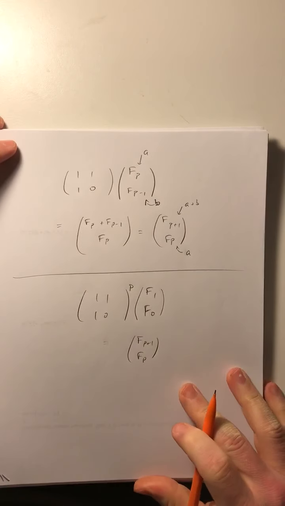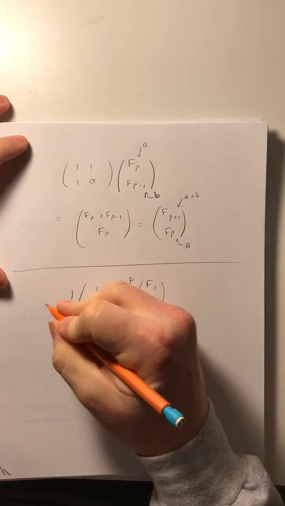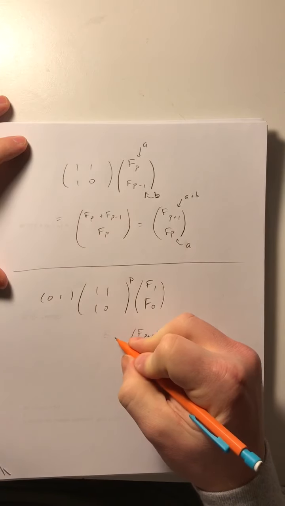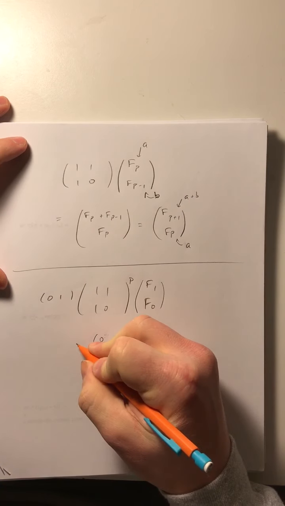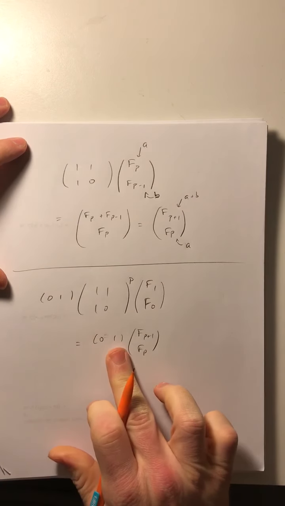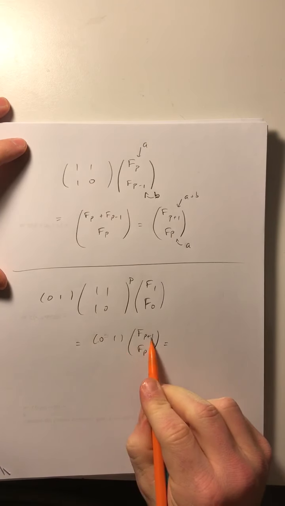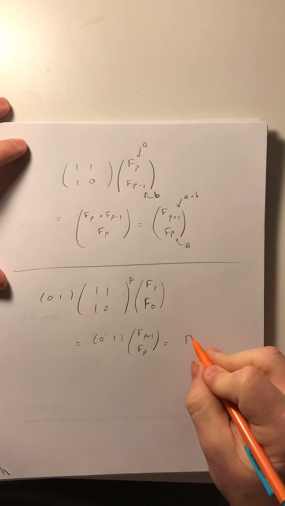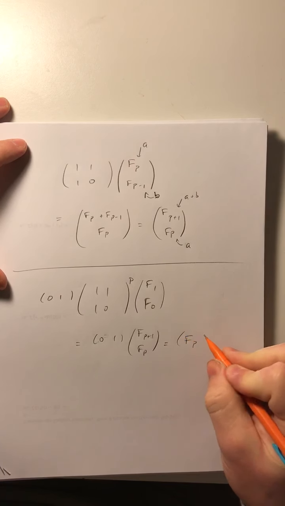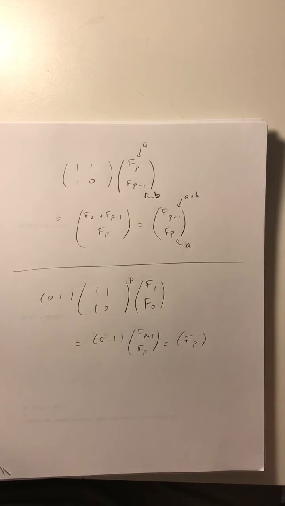Now, if I just want the pth Fibonacci number, I can take this and multiply by [0, 1]. If I multiply [0, 1] by Fp plus 1, Fp, I get 0 times Fp plus 1, and 1 times Fp, so I just get Fp. Technically it's a 1 by 1 matrix that only has one number in it, but that doesn't really matter.